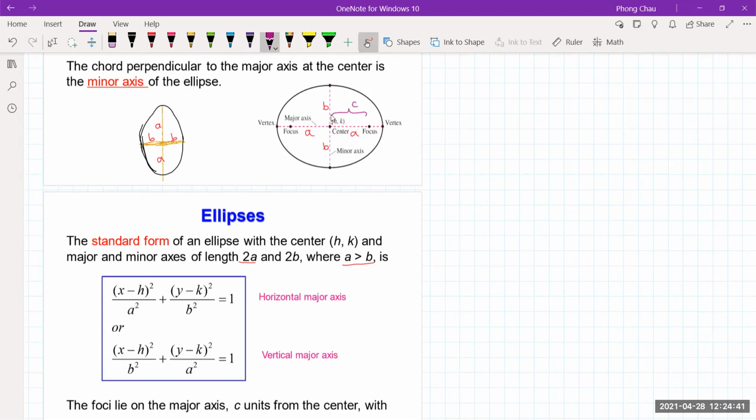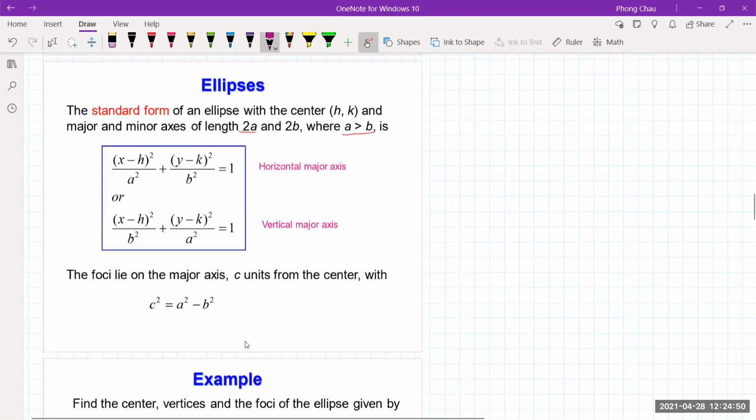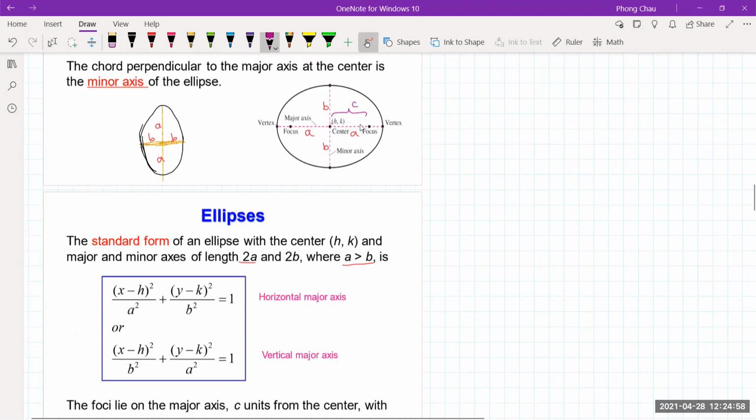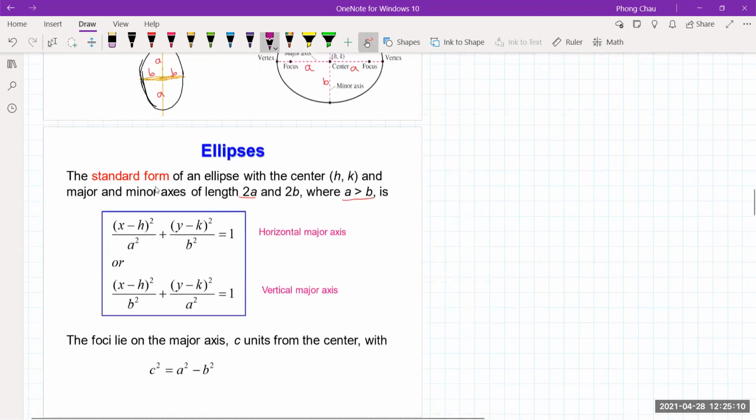Then in fact, a, b, and c are related by the formula here: c squared equals a squared minus b squared. So if you take a squared minus b squared and take the root, you get the length between the center and the focus. We don't have time to go over where this formula comes from. You may want to read the book or the video in the e-text and find out more.